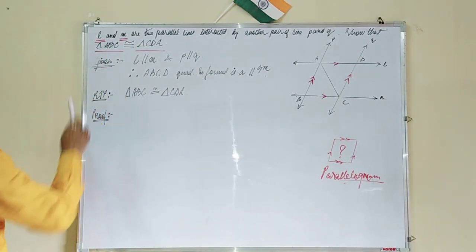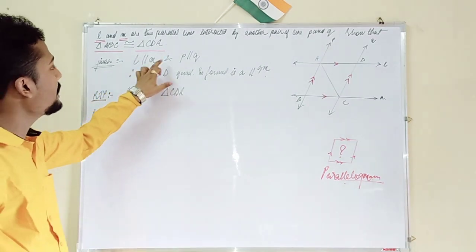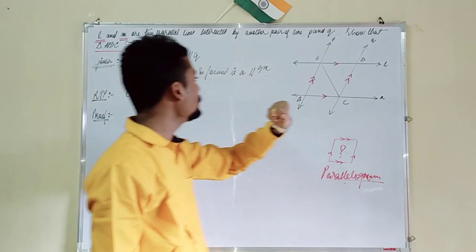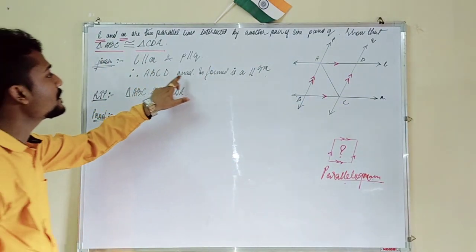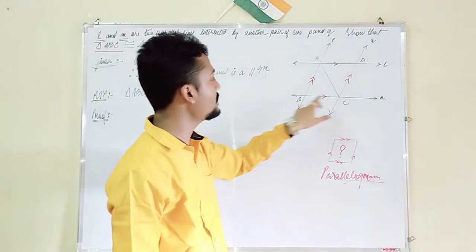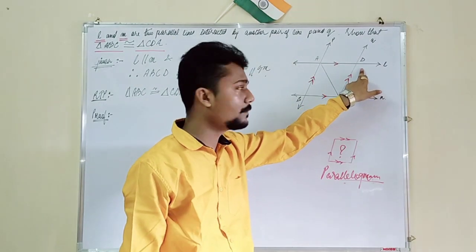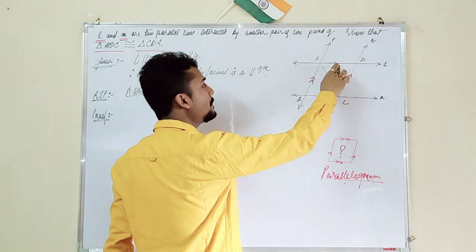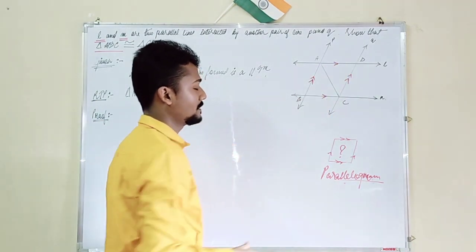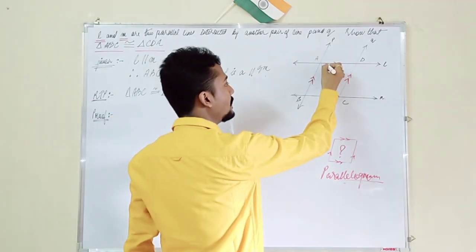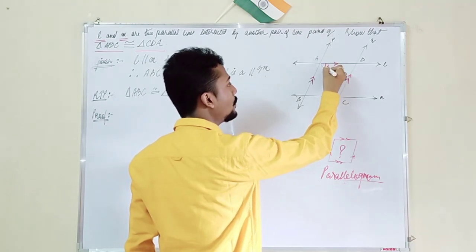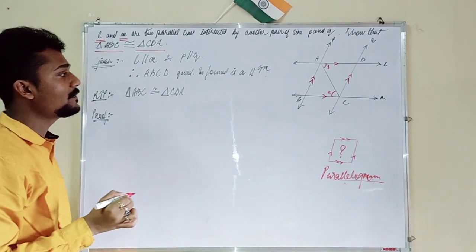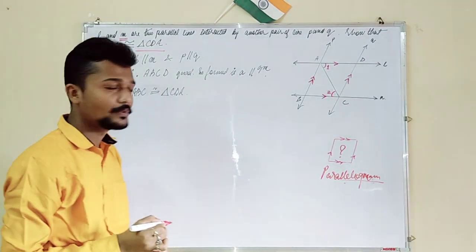So in the given part, what I have written: L parallel to M and P parallel to Q, then the ABCD quadrilateral so formed is called what? A parallelogram. If this is a parallelogram, and this angle is angle 1 and this angle is angle 2, what can we say about angle 1 and angle 2?